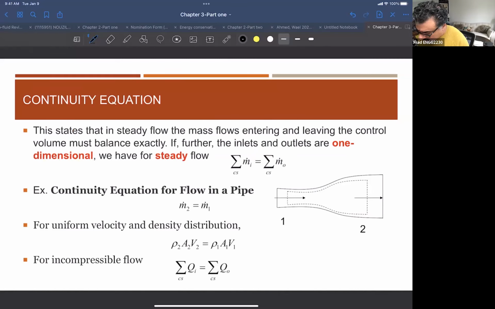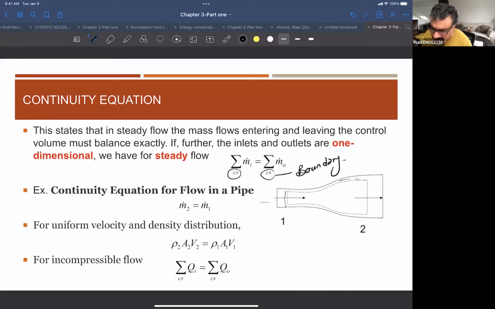So M in equals M out, and we call this the summation of mass, because not all the time it's only one in and one out. It could be multiple in and multiple out. So you can say summation over the control surface or the boundary. This is the control surface. Here is your boundary. So see how many are coming in and how many are going out.